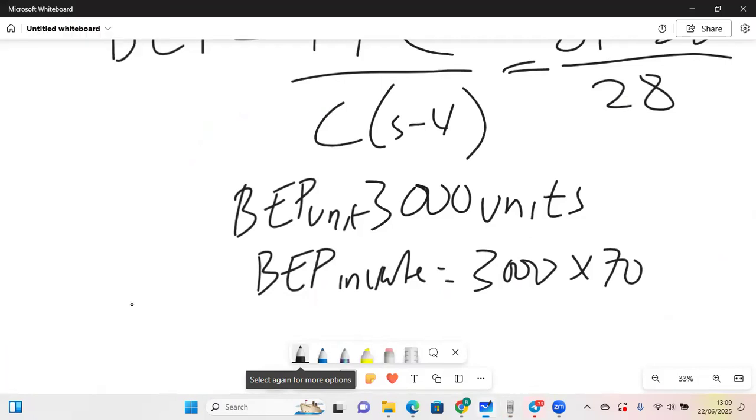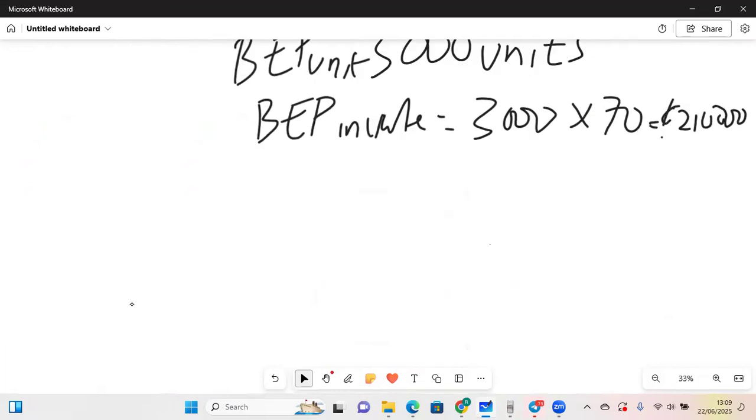Then we are getting 210,000. All right, that's 210,000. Or we can also use the total fixed cost over the contribution margin ratio.